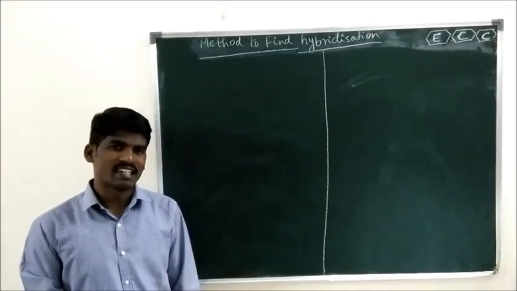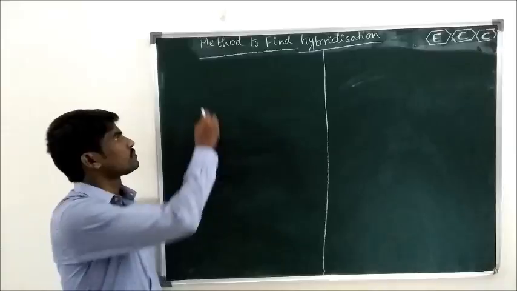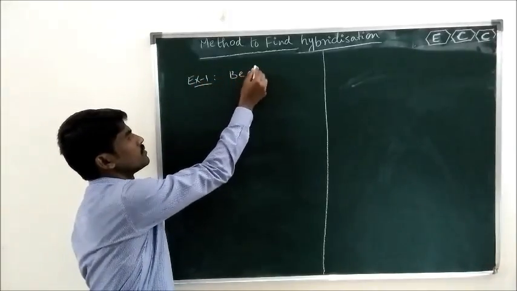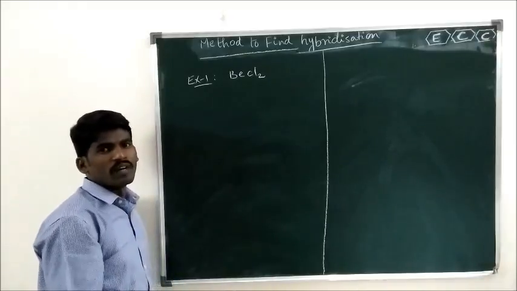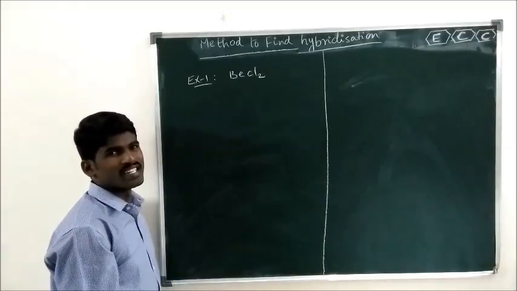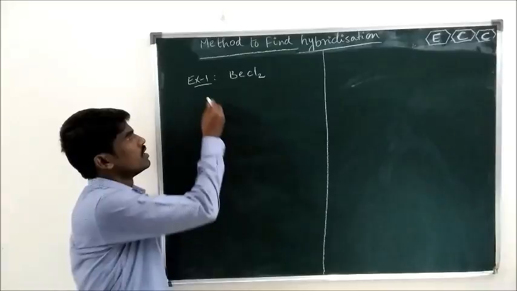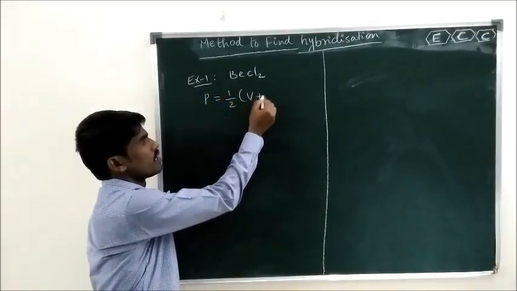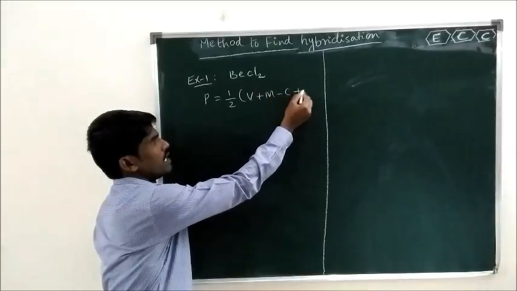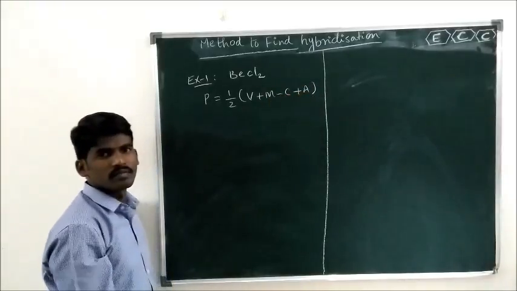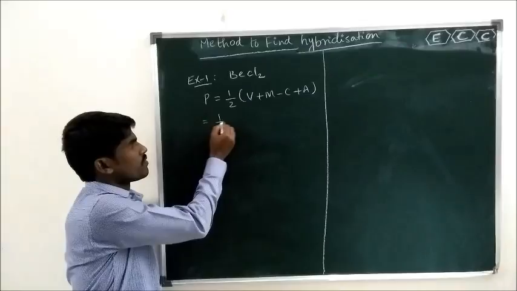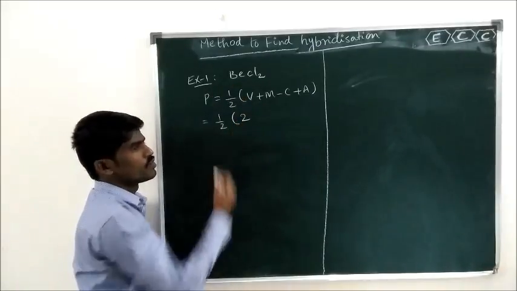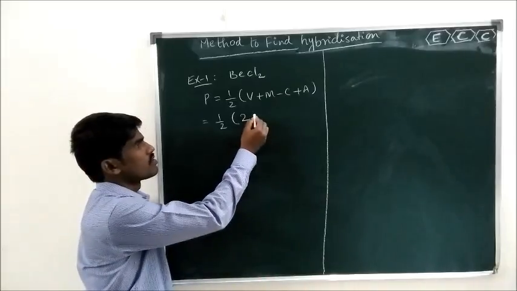Now let's start with the examples. Example 1, BeCl2. Let's see how you can find out the hybridization present in BeCl2. What is the formula I told you? P is equal to half of V plus M minus C plus A. Half of, where beryllium valence electrons equal 2.